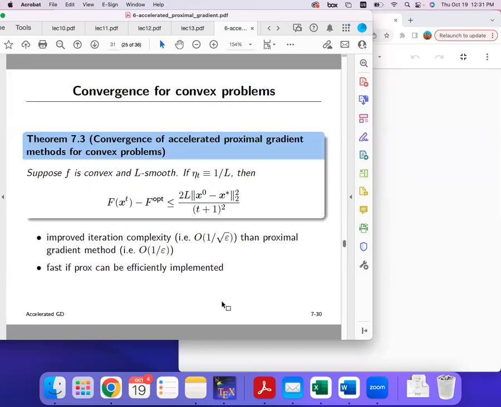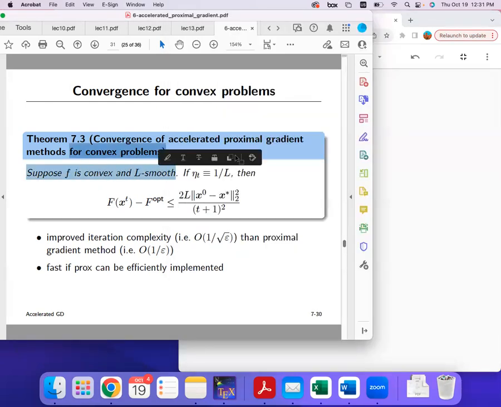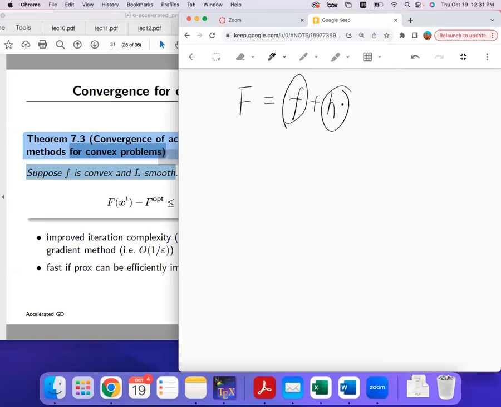And when we apply that accelerated algorithm to solve a composite optimization problem, so F equals f plus h, this part f is convex and smooth, and the h part, as we discussed before, is a convex and possibly non-smooth function.